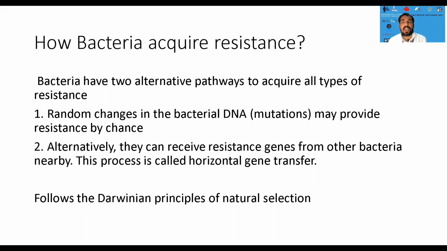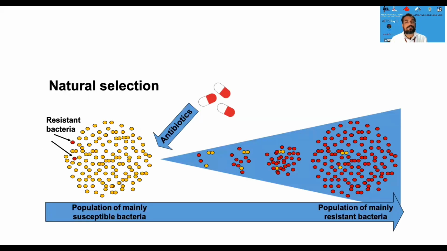If we keep on giving antibiotics, only the mutant strain will get selected, and over a period of time, all the bacteria in that particular area, or in the gut of a particular individual, will be more resistant in nature than the classical gut biome which we are expecting.